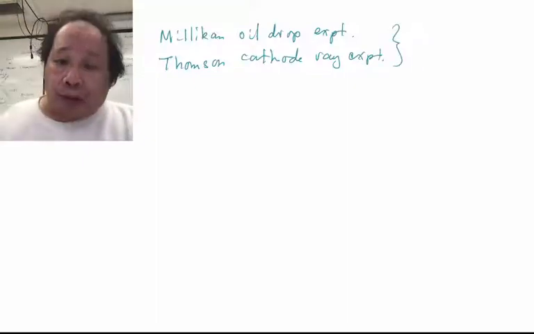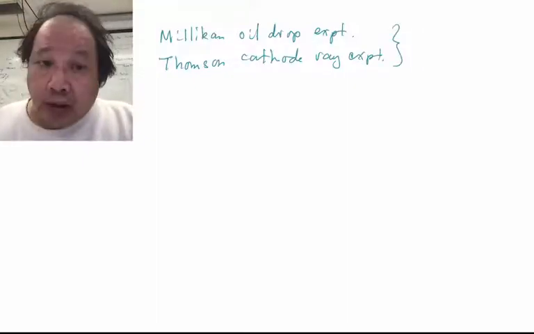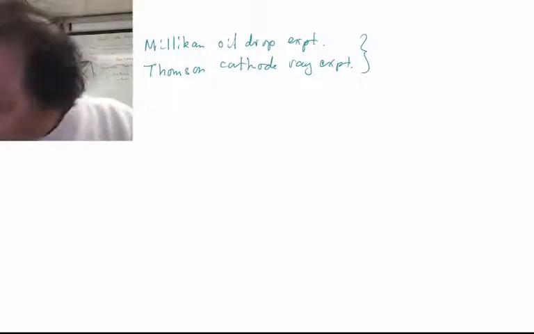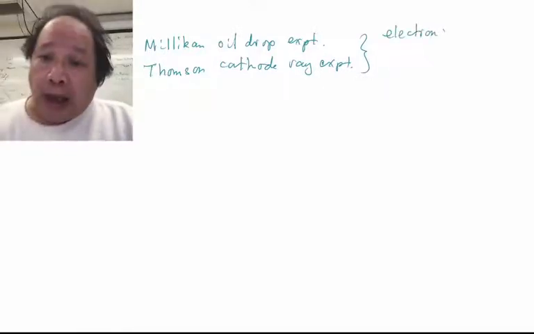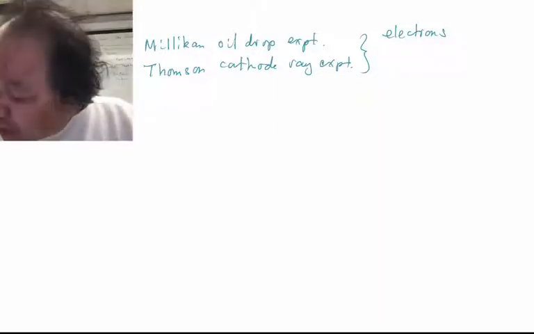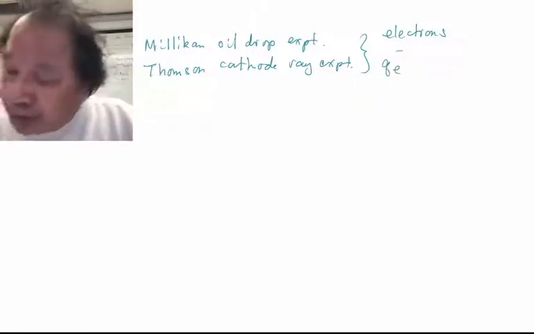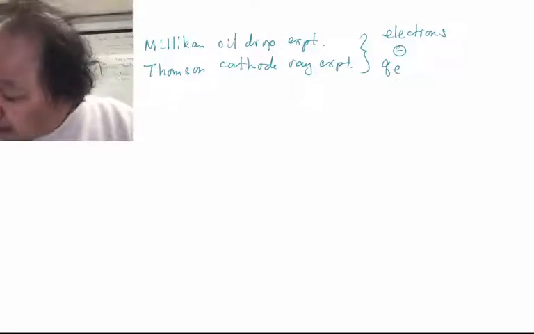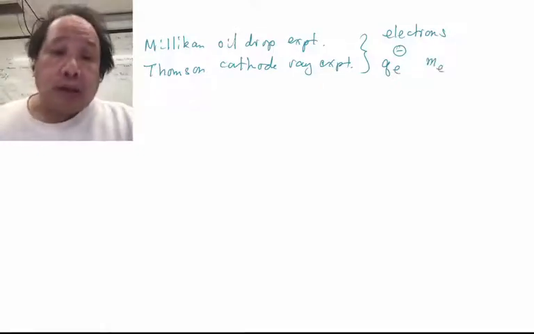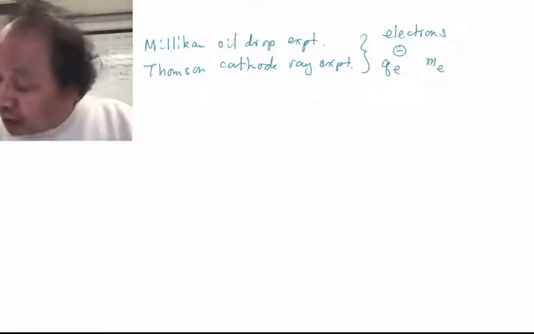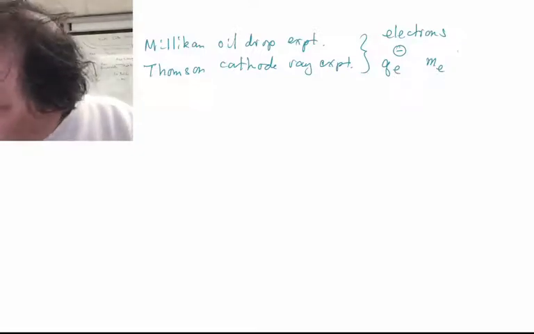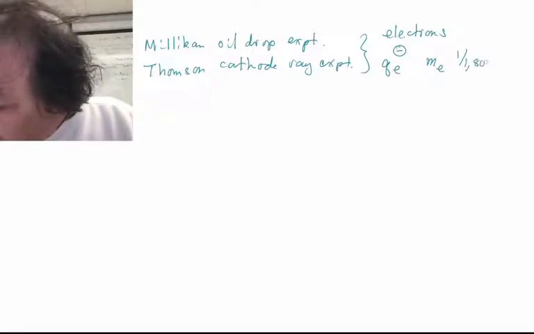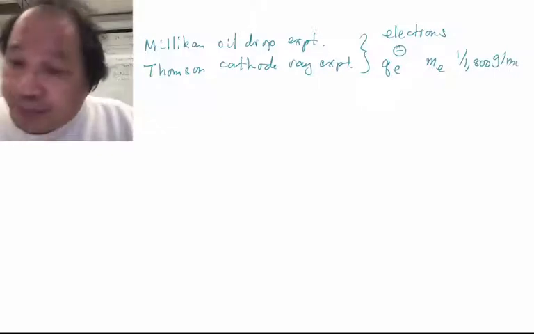And these two experiments together told us about electrons, and we learned that electrons have a charge, QE, which is minus, and a mass, ME, and that mass is very light. It is 1 over 1,800 grams per mole.